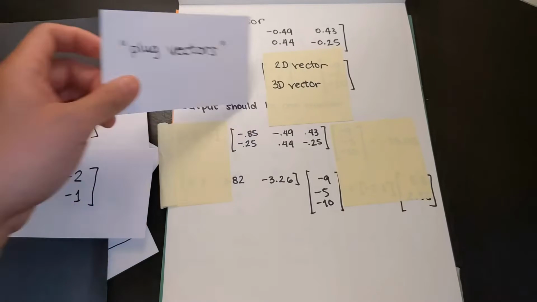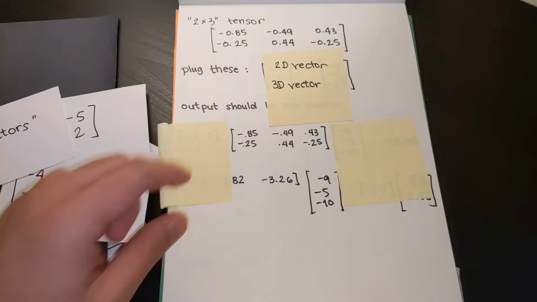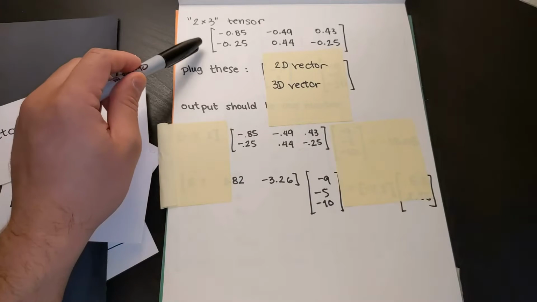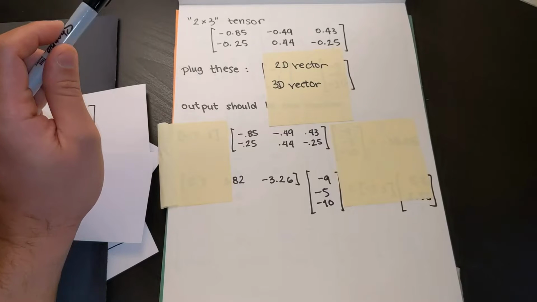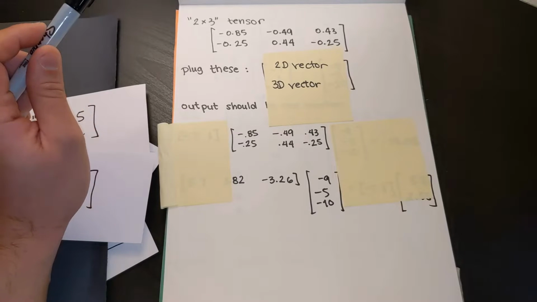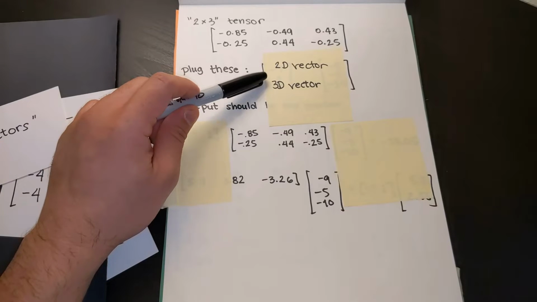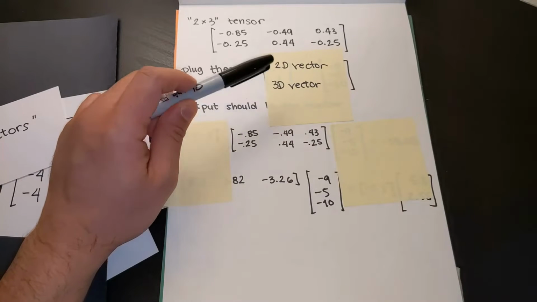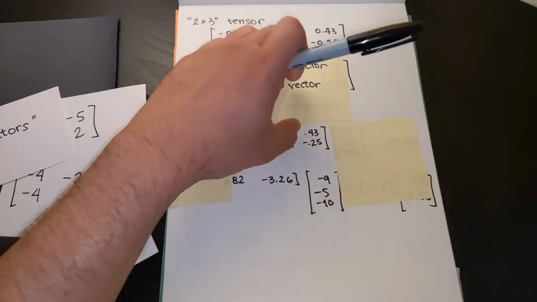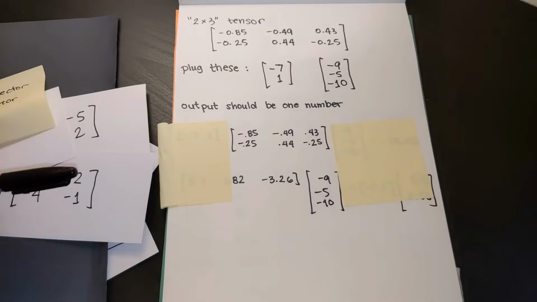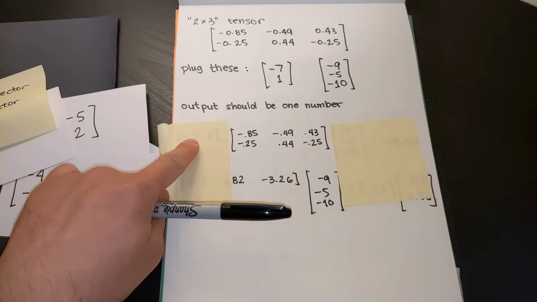For example, this is a 2 by 3 tensor. We plug in a pair of a two-dimensional vector and a three-dimensional vector. The output should be one number.